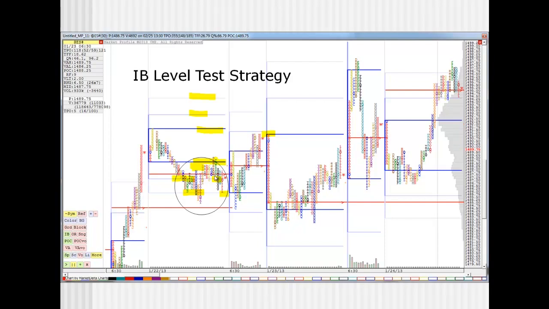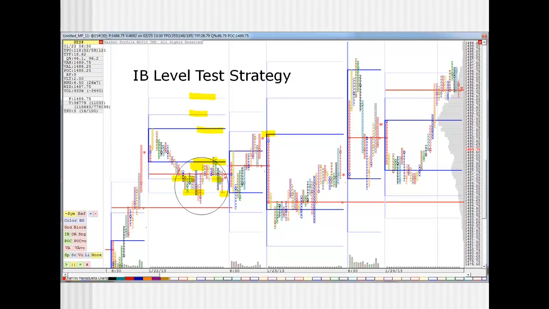And similarly, if we come back down here and I had one, two, and the third one, rejection of these values, takes out the high of this period, and I enter long with a target to, of course, the 150%, then the initial balance low, the target would still be, when I go long from down here, the 200% IB level.